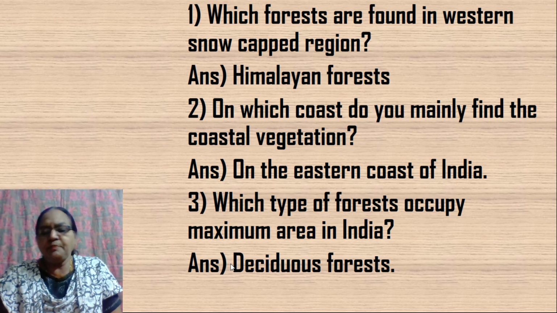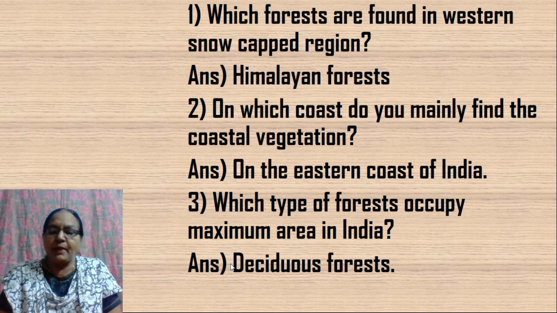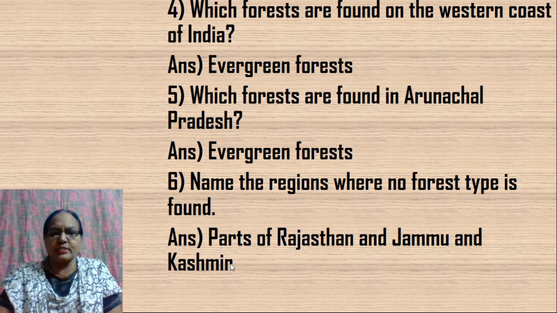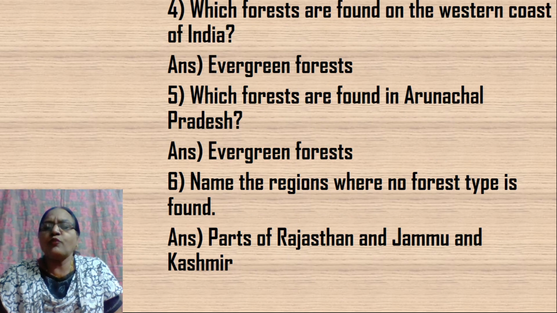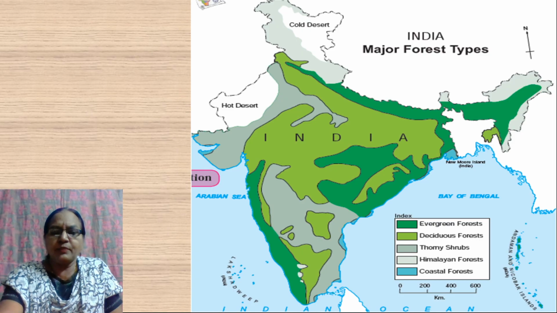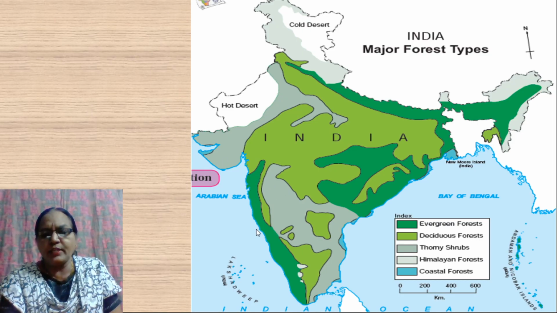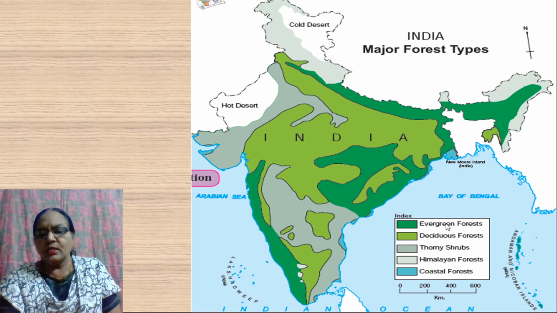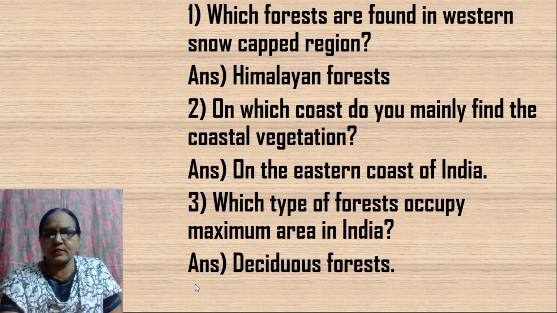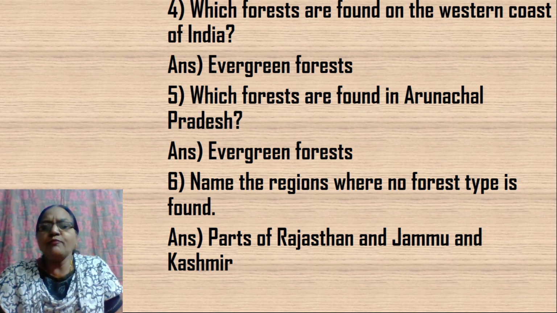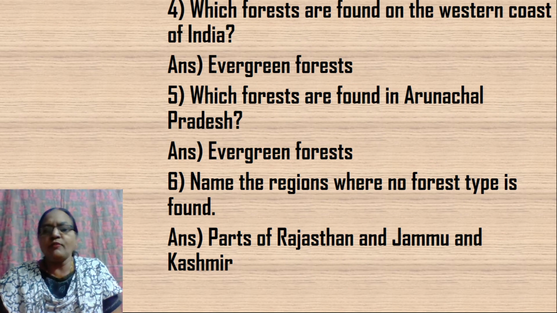So maximum area in India is covered by deciduous forests. Fourth one, which forests are found at the western coast of India? Okay, so along the western coast of India, very simple. What is that? It is the evergreen forests. Okay, so evergreen forests are found on the western coast of India.